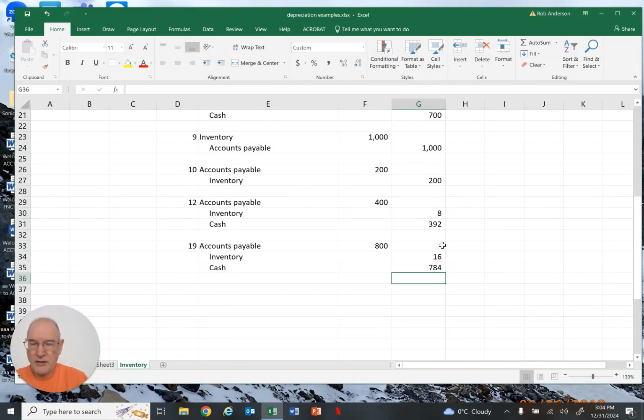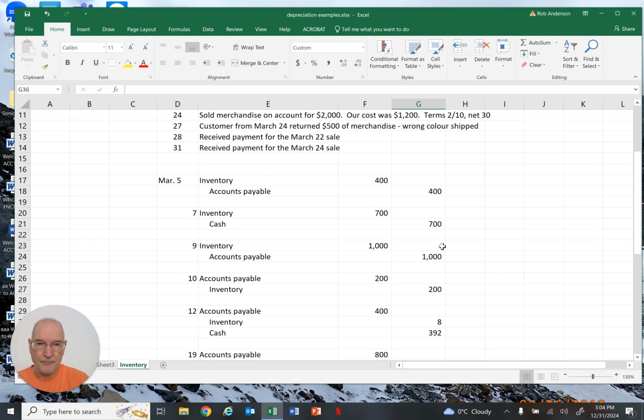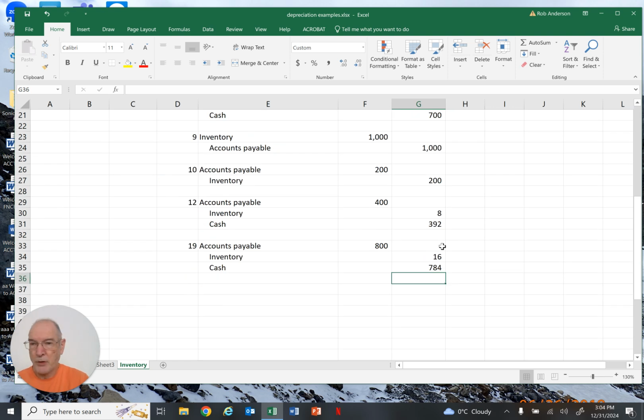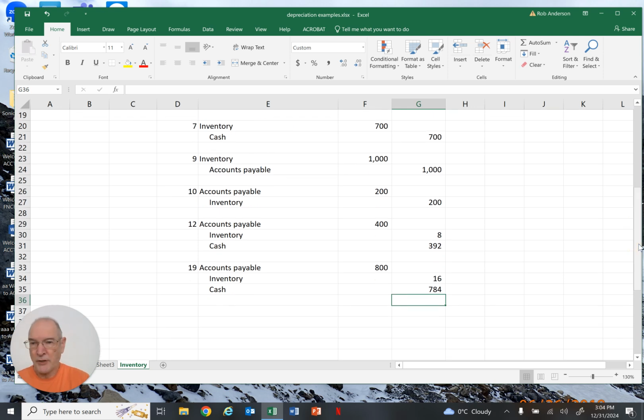Okay, that set of entries is very representative of any of the entries you're going to see asking you to prepare entries for accounts payable and the purchase of merchandise. So now let's move to us, or our company, selling these goods.